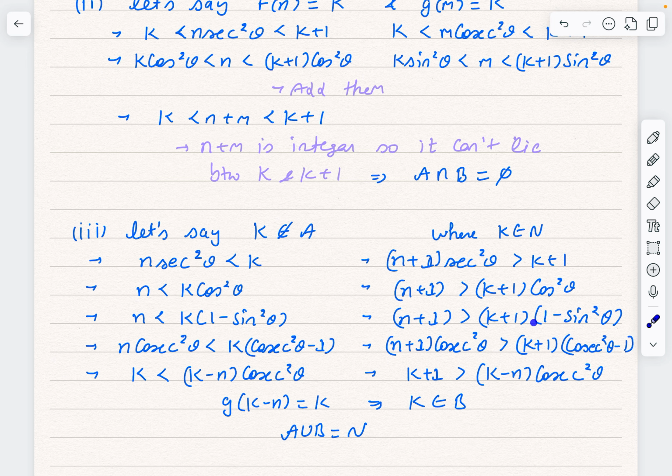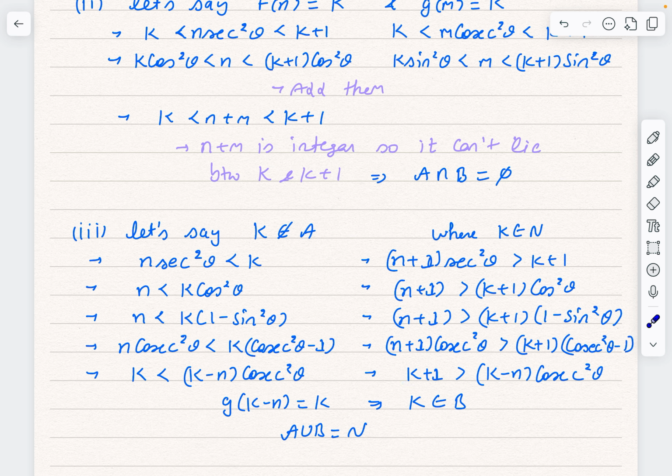So write cos as 1 minus sine and then sine as cosecant. So we get n plus 1 cosecant square theta is more than k plus 1 times cosecant square theta minus 1. And when you take all the cosecant on one side, you get k plus 1 more than k minus n cosecant square theta.